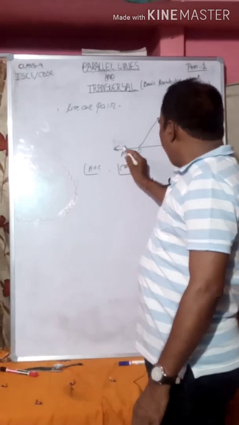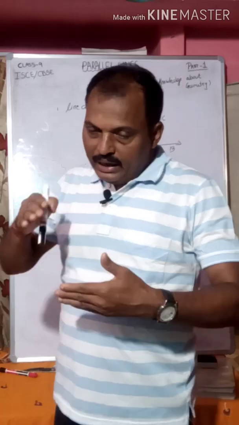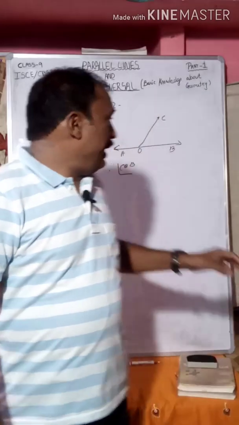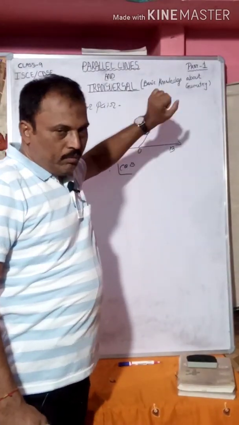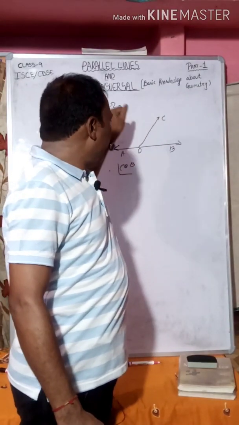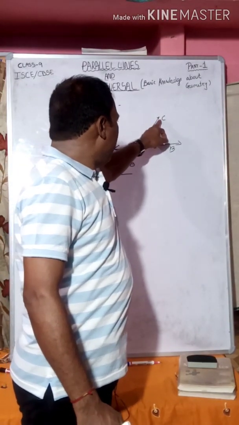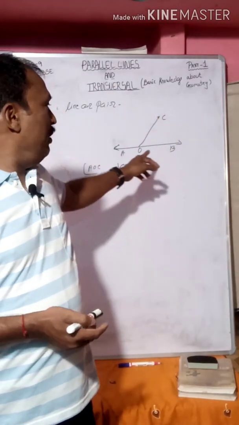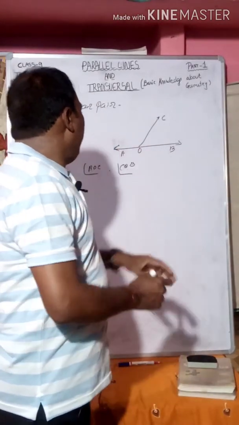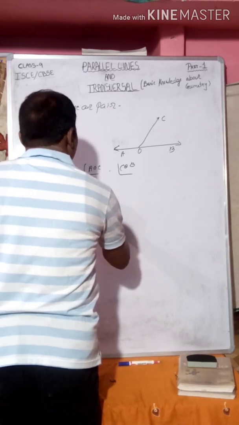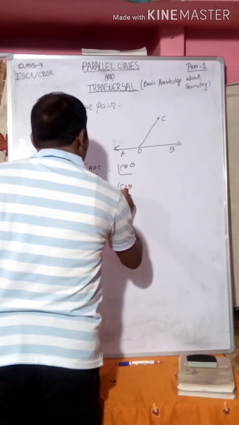When a line and a ray stand on it, two angles are formed and this ray is the common side of these two angles. AOC and COB are two adjacent angles, and the sum of the two adjacent angles is angle AOC plus angle COB.